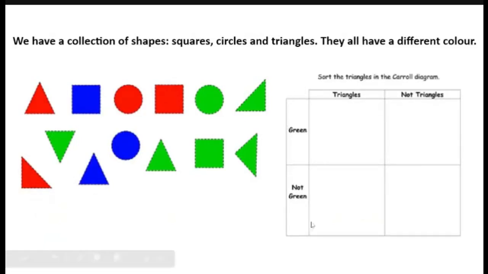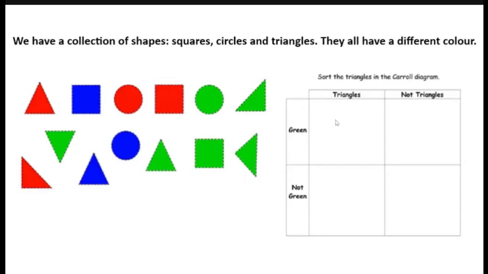We draw a Carroll diagram here, and we have different squares. 1, 2, 3, 4 squares. Now, let's look here. It's written triangles.